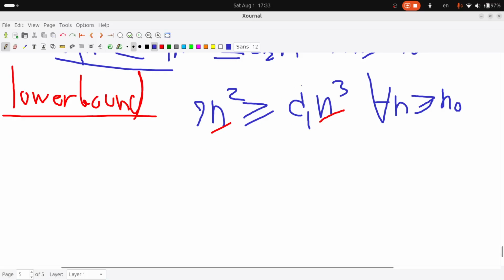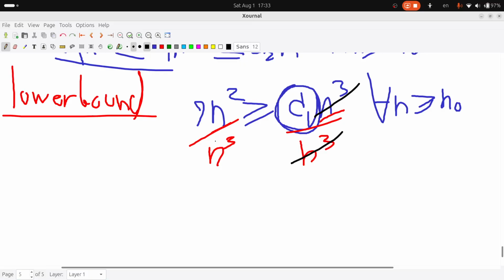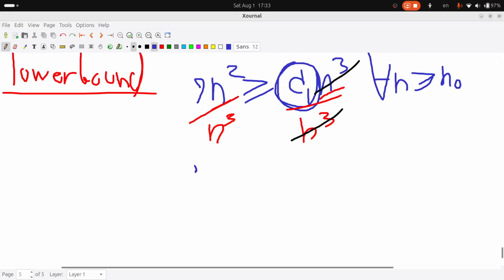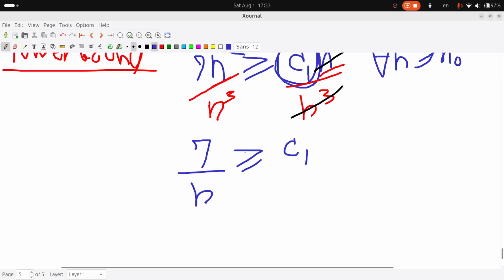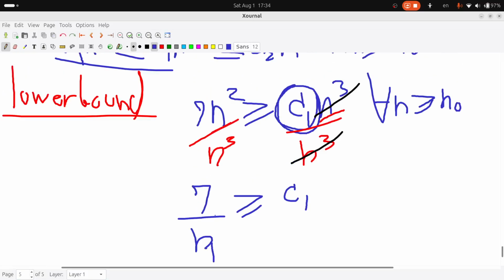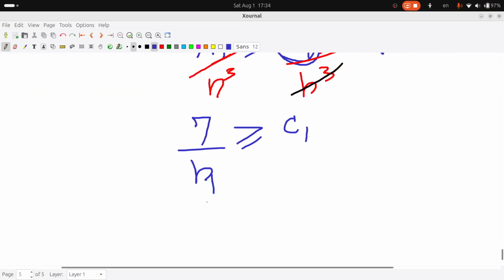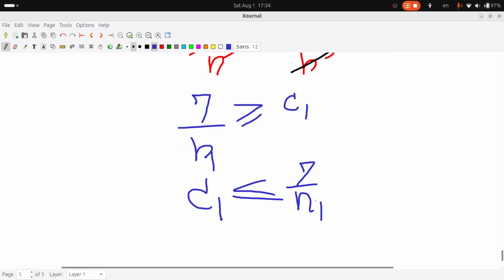So I try to isolate the constant by dividing both sides by n to the power of 3, and we can cancel this out, and this one will be 7 divided by n. So we get that c1 is less than or equal to 7 divided by n.